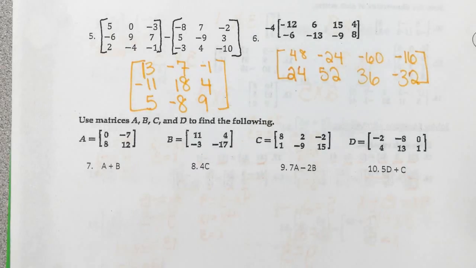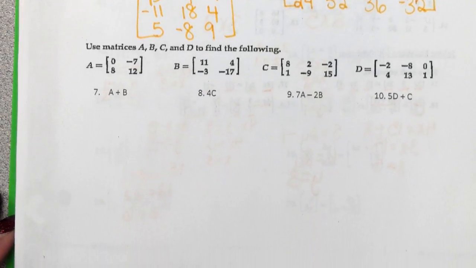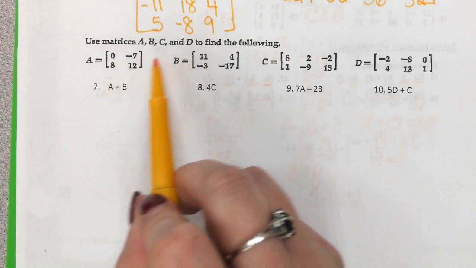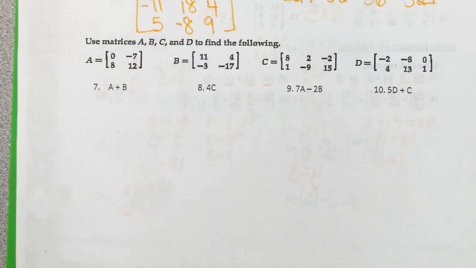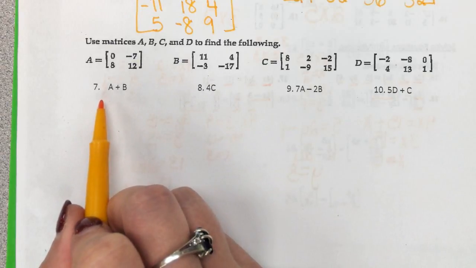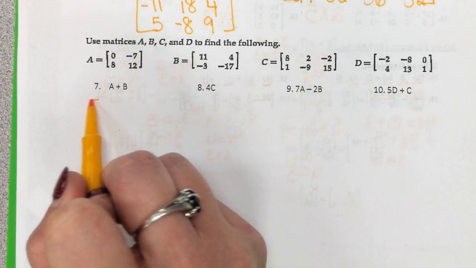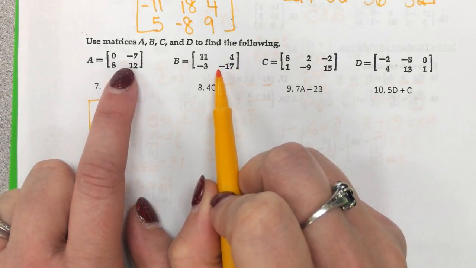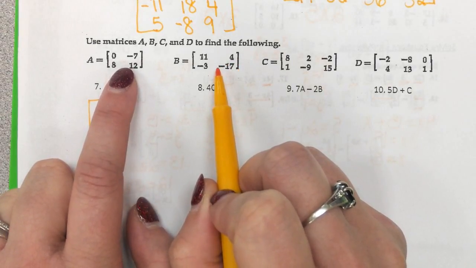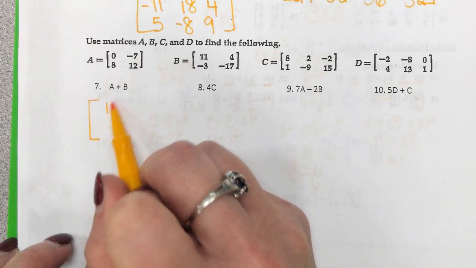All right. The only thing different down here is that it gives you matrix A, matrix B, matrix C, and matrix D. And what do we have to do for number 7? You got to add them together. All right. So what do you get with matrix A? Can I do that? Are those the same size? Yeah. So what do I get when I add them? 11.